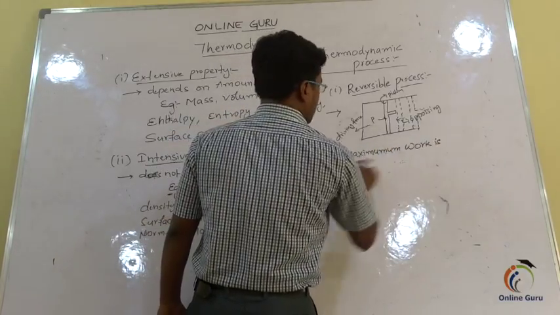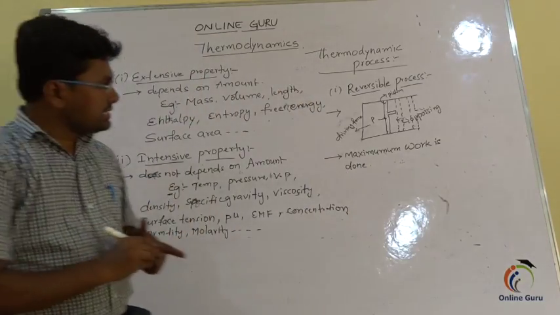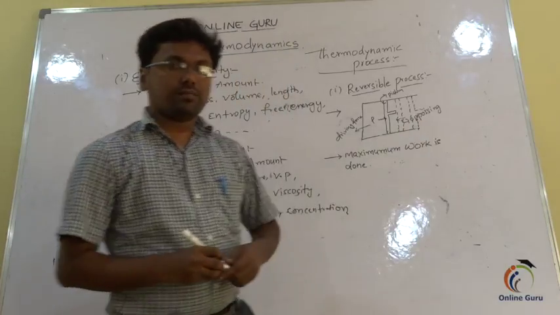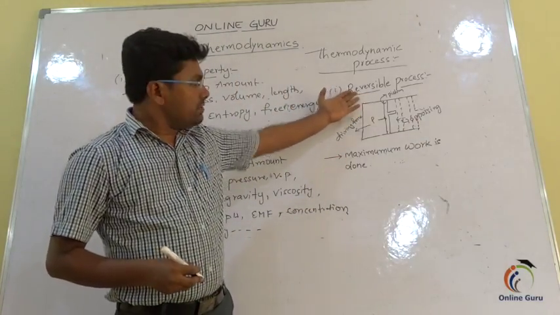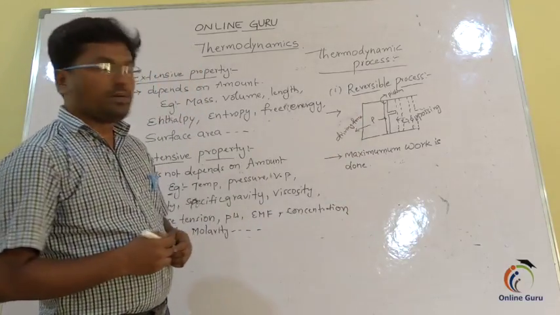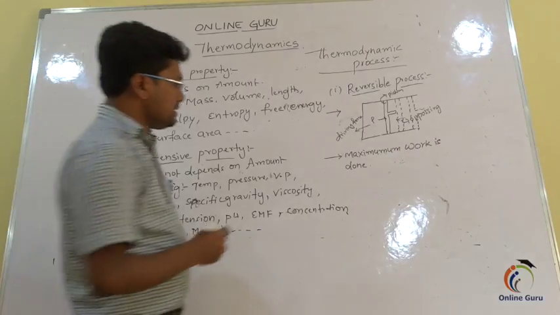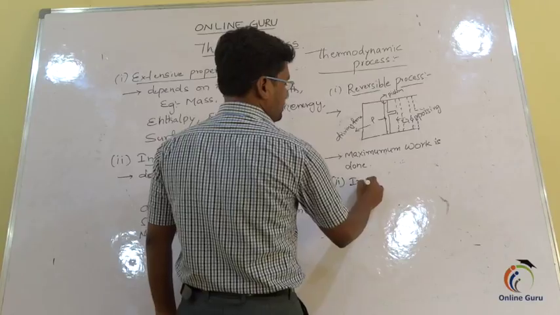Why? Because here the gas is expanding in a stepwise manner. So it is a reversible process, and in a reversible process, the work done is maximum. This is one of the processes. Next one is irreversible process.